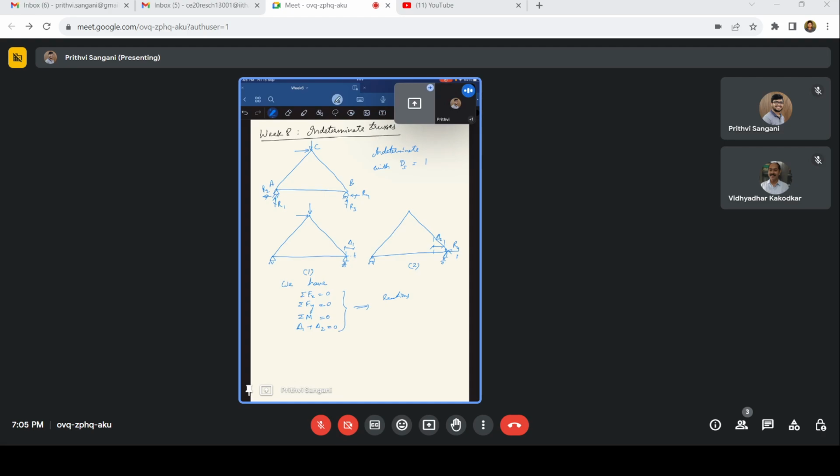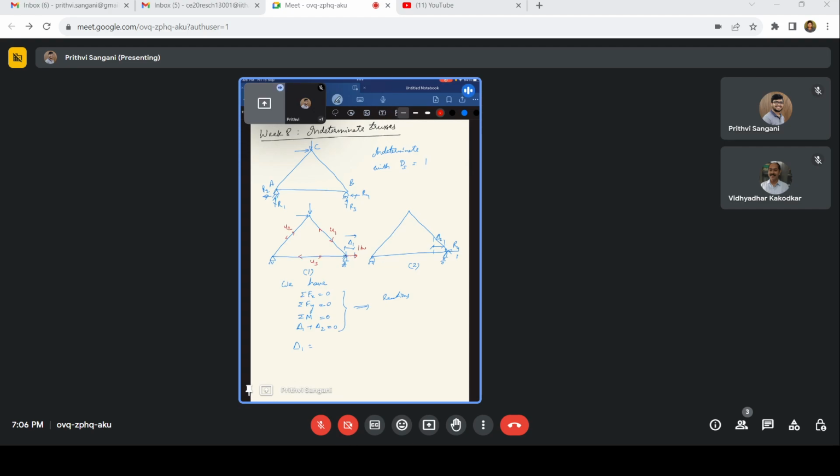work method. So how do you find delta 1? We'll apply a unit load of 1 kilonewton at this point, and the internal forces because of this unit load we'll call U: U1, U2, U3, and so on.